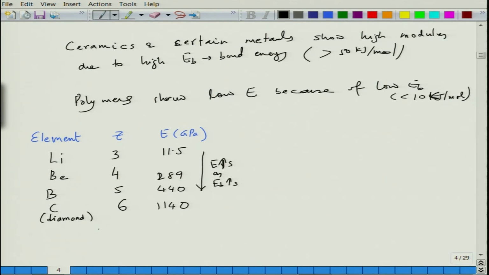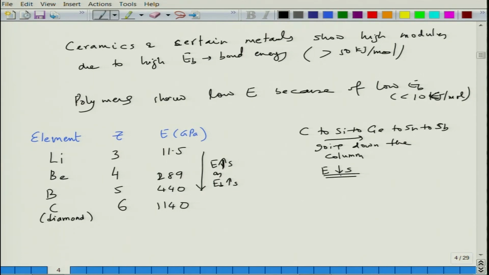And this is also true as you go down in a column, as we saw last time. So, as you go from carbon to silicon to germanium to tin to antimony, going down the column, the E value decreases, and this is because of decreasing bond strength, because atoms get bigger, as a result the forces between them are lower, the electrons are loosely bound, and the bond strength is lower.